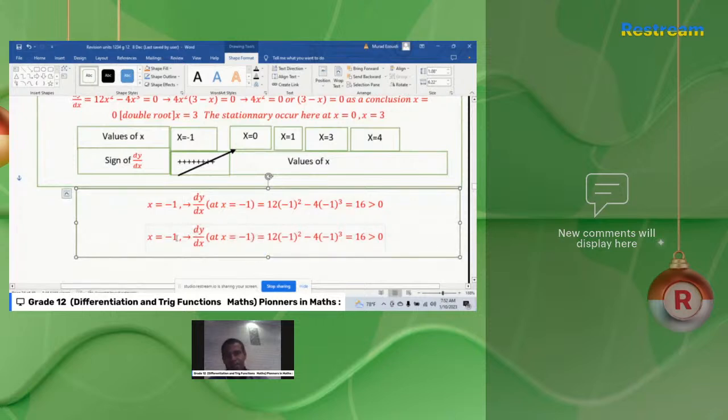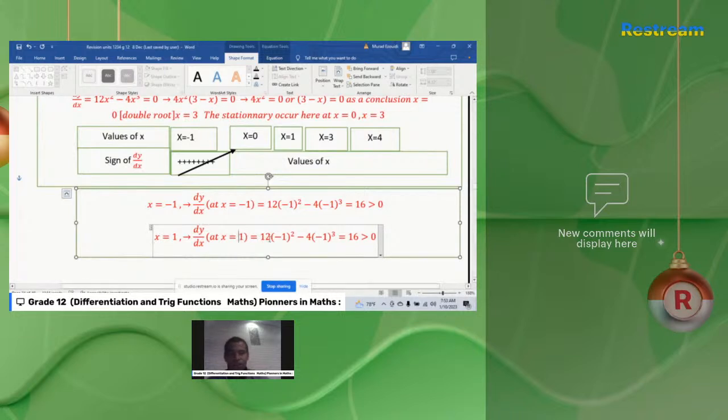Now at x equals 0, I will check. We checked x equals -1. At x equals 0, the first derivative value should be equal to 0 because a stationary point occurs at this point. Now I'll move to x equals 1. You should find the value of the first derivative at x equals 1.